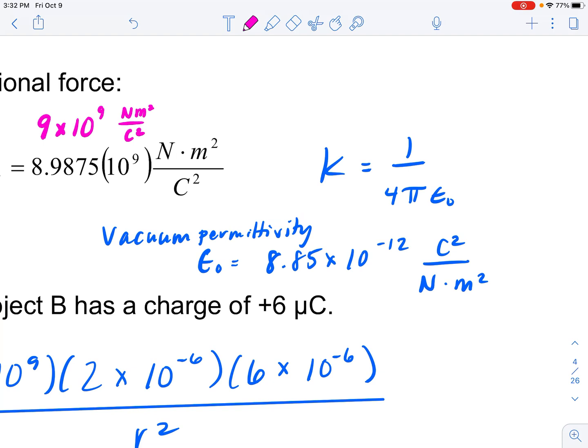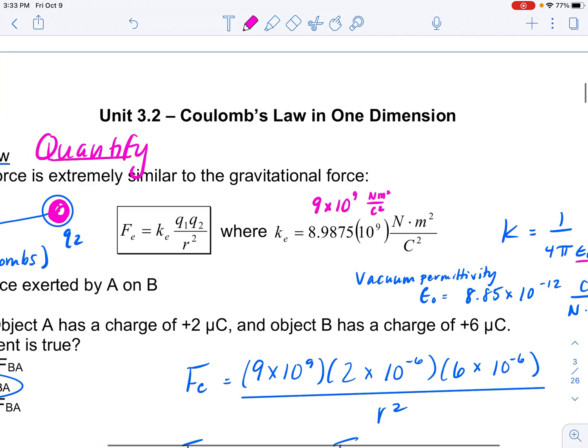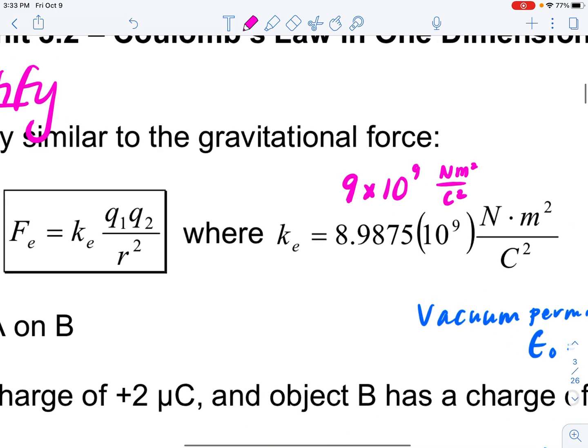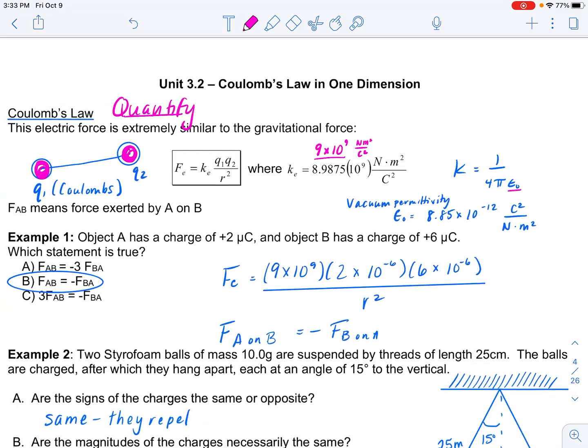But for now, it might be helpful to know that K is based on the vacuum permittivity, which is 8.85 times 10 to the negative 12th. K is equal to 1 over 4 pi times that vacuum permittivity. For now, when we use Coulomb's law, we'll just be using 9 times 10 to the ninth for K.